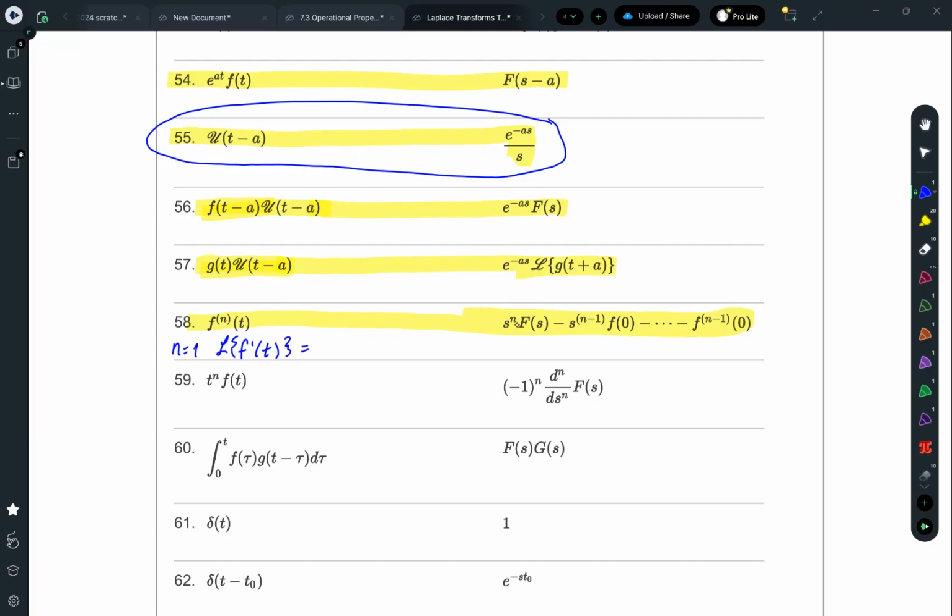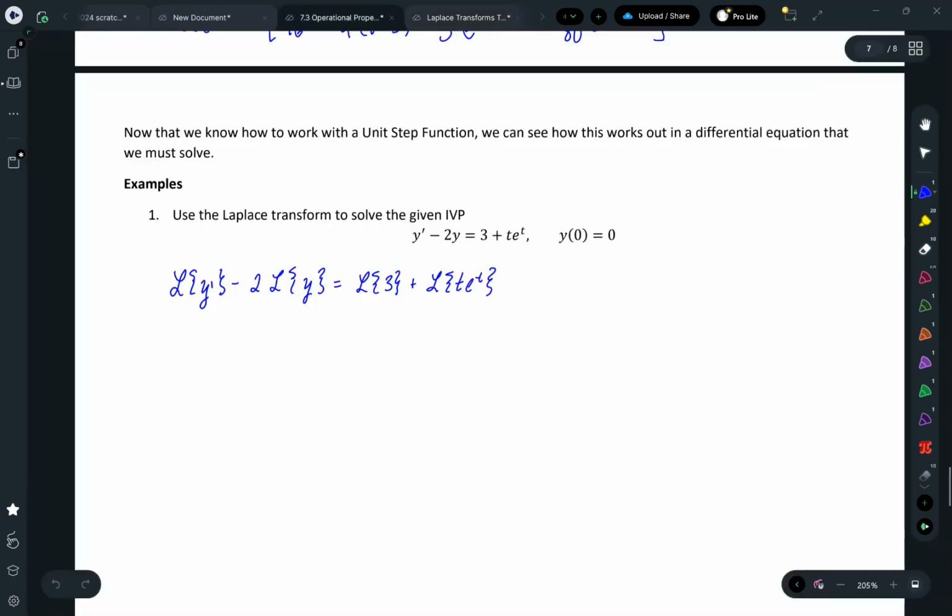It's going to be, well, n is 1, so that's s, big F of s, minus s to the 1 minus 1, that's s to the 0 times y of 0, little f of 0. And since our powers of s are already gone, we can't go any further, so this is simply s, big F of s, minus little f of 0 for the initial condition. And so that's how you use that table. Okay, so let's go ahead and use it now.